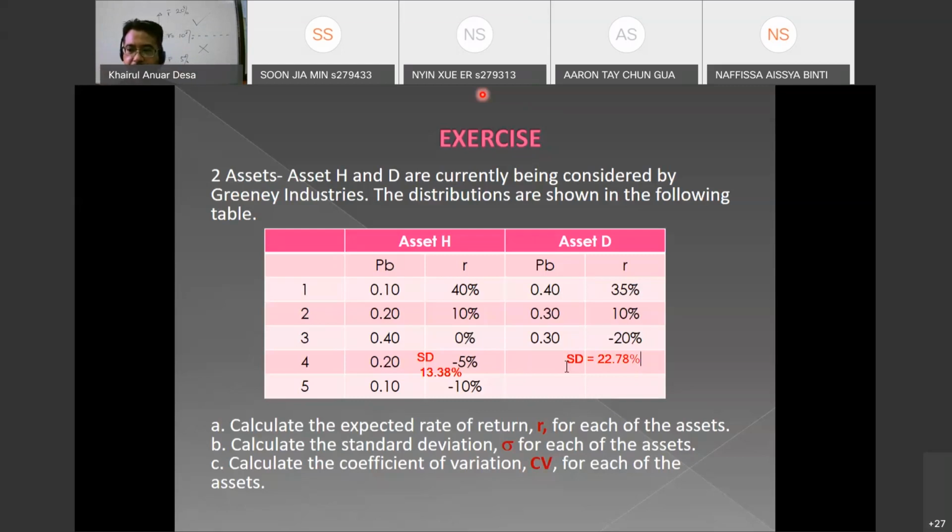Okay, Fahim. Berapakah ataupun apakah jawapan untuk aset H dan aset D covariant? Fahim mungkin tak tahu?